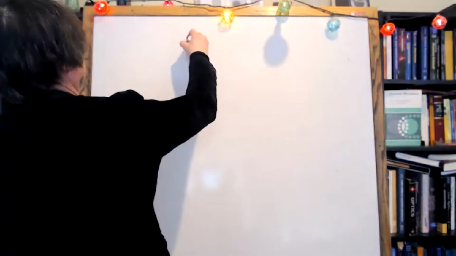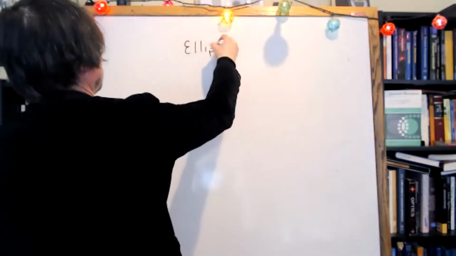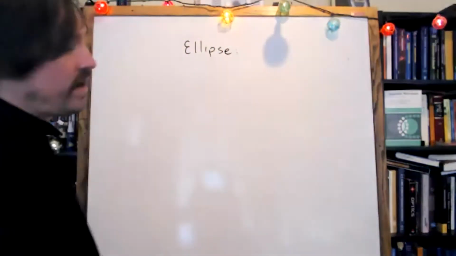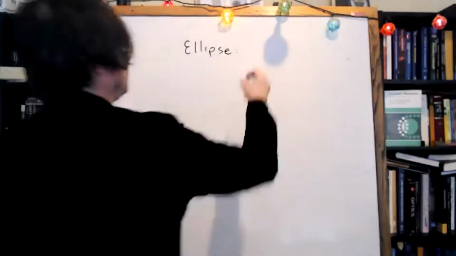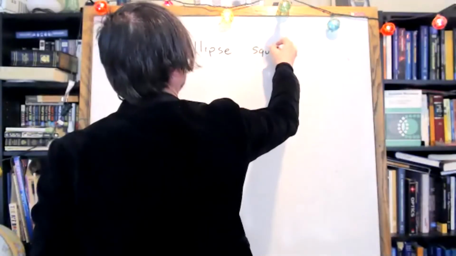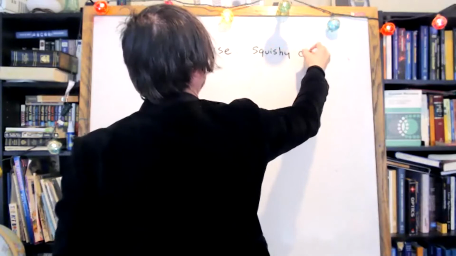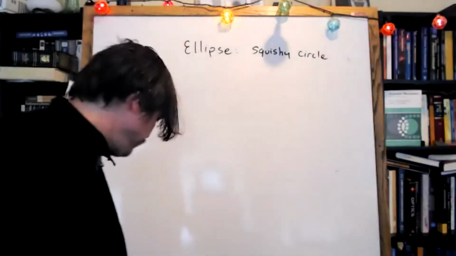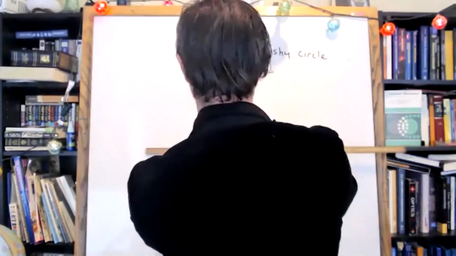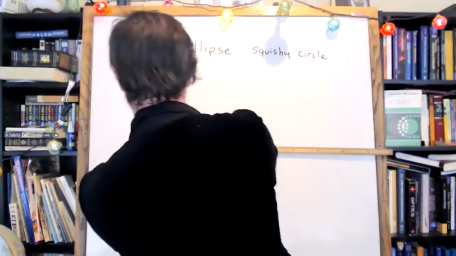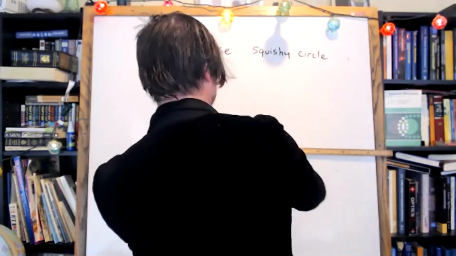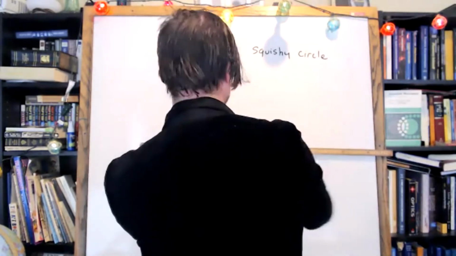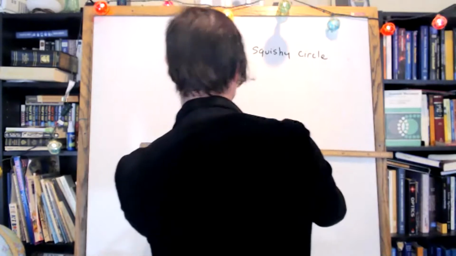So this is a diagram of an ellipse. Our technical definition of an ellipse is going to be a squishy circle, okay? And here's how we're going to draw that. We're going to make a line, about 10 centimeters or so on your page. Mark the midpoint.